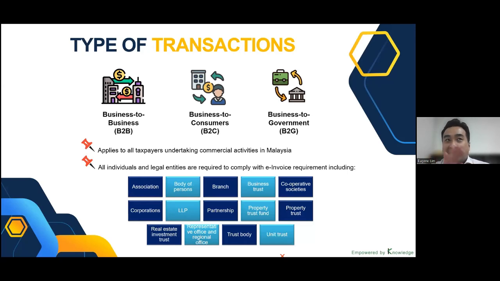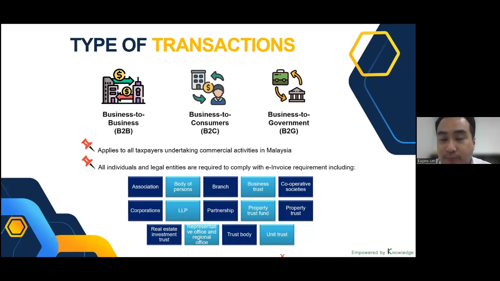Okay, government with you: most of the time you'll face it when you go to a government hospital, and they will issue you a receipt. Later I will show you the transaction and how it works. So that is a possible G2B. Is there a requirement for an e-invoice? We will explain later.